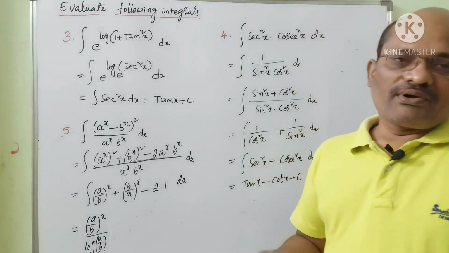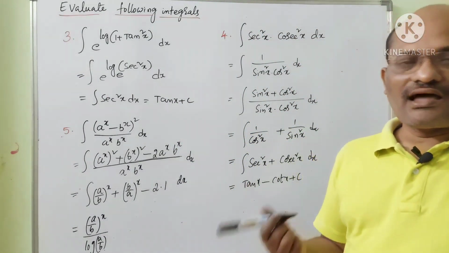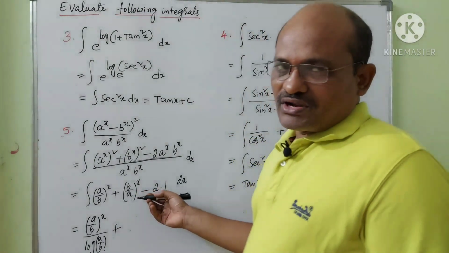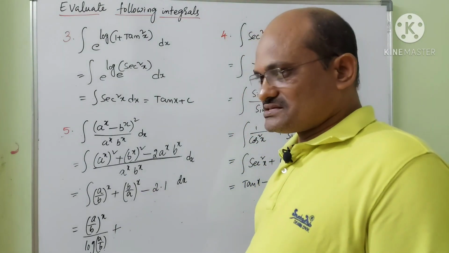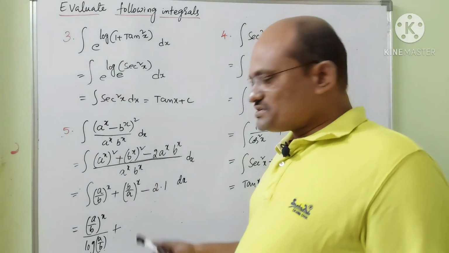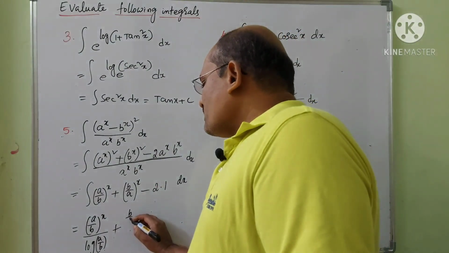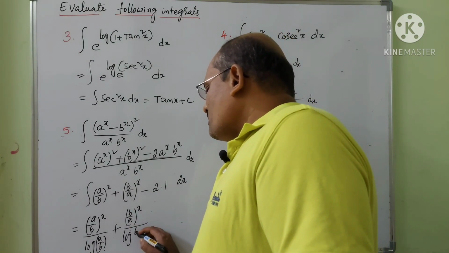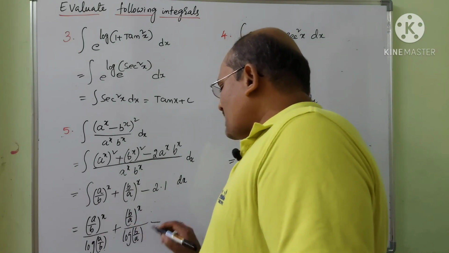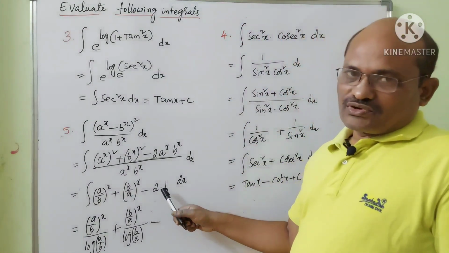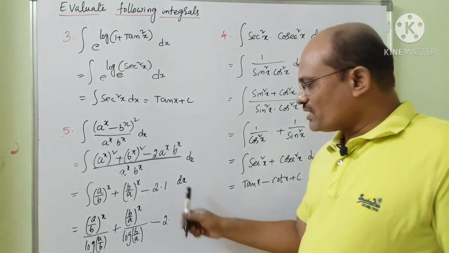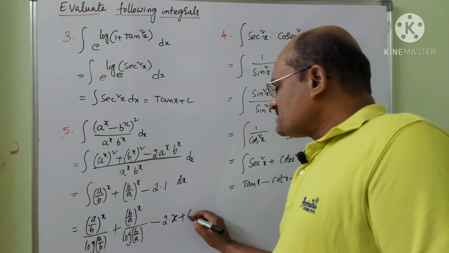We have the formula that the integration of a power x is a power x by log a, and in the same way we will get this. Here the same formula we can apply for b by a power x, a constant power x, an exponential function. So we will get b by a power x by log b by a, minus, now the last term, 2 into 1. The integration of 2 into constant 1 is 2x plus c.